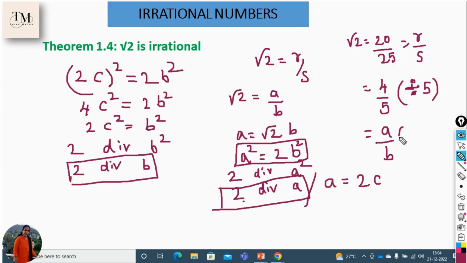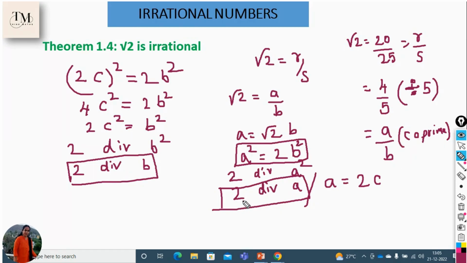But what did we assume for a and b? We assumed that a and b are co-prime. So I divided by the common factor, so we got a and b are co-prime, that is, divisible only by 1. Here we got the common factor as 2. But this contradicts that a and b are co-prime.